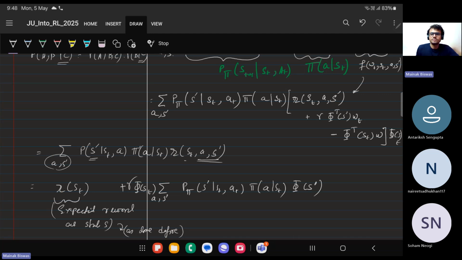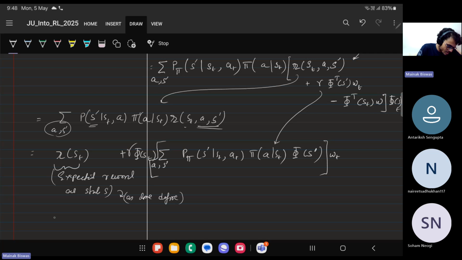Is this fine also? Second term into WT. Do you agree? Is there any calculation you want me to explain? This is the first term. This is the second term.